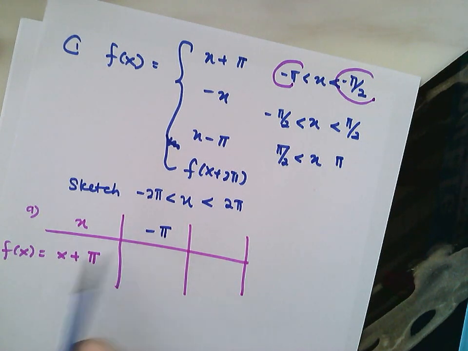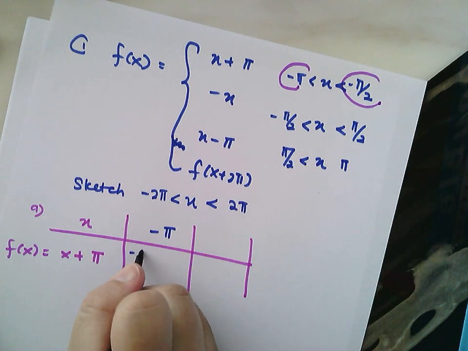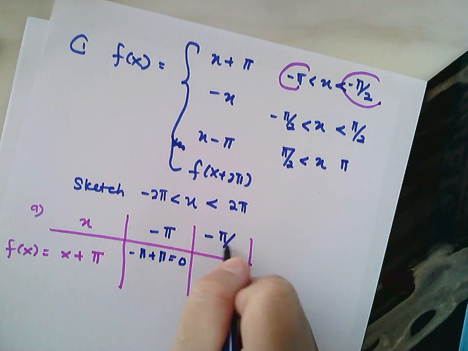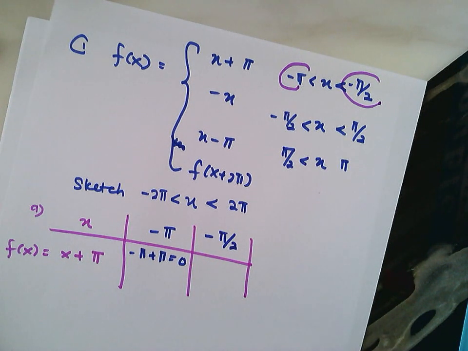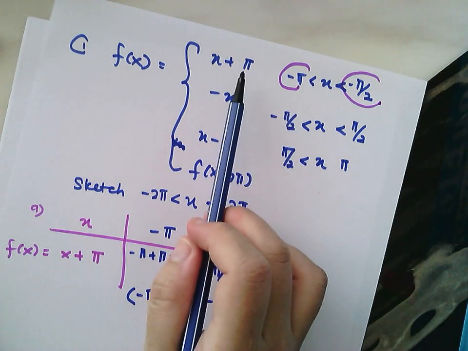Substitute negative pi into x: negative pi plus pi is equal to 0. Another one is negative pi over 2: negative pi over 2 plus pi gives you pi over 2. Therefore your first point will be (negative pi, 0) and the second point will be (negative pi over 2, pi over 2). This is for the first function.